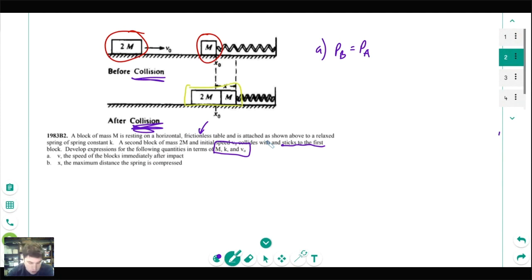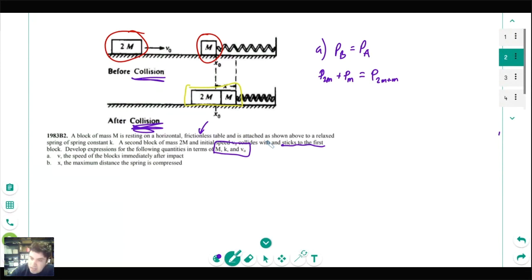So we're looking at two objects before the collision and one object afterwards. So the momentum of the 2M block plus the momentum of the M block must be equal to the momentum of the 2M plus M blocks, sticking them together because now they're joined.